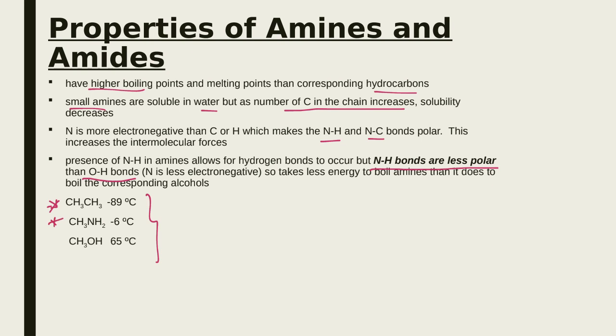Here is methanamine, and its boiling point goes up to -6. When you add in here, there would be a hydrogen bond with that amine group right there. You'd definitely be setting up a hydrogen bond. But when you compare methanamine to methanol, there's quite a significant difference in boiling points, and that is all based on the fact that oxygen is more electronegative than nitrogen.